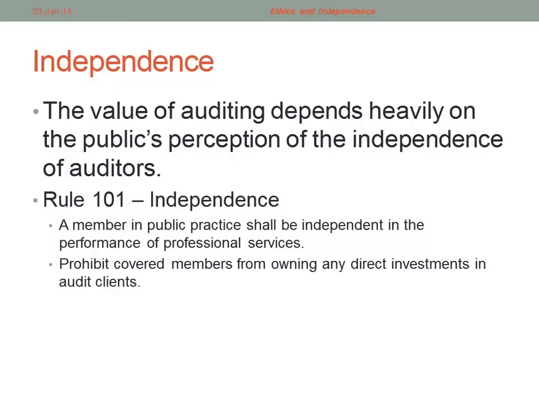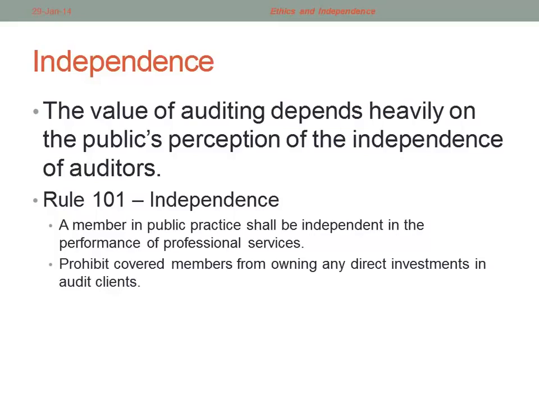And the reason for that is the appearance really deals with what's prohibited, what's allowed, what constitutes a violation of independence. So for example, you have to be independent when you are conducting an audit engagement. So if you are assigned to an audit engagement, you have to be independent of that client.